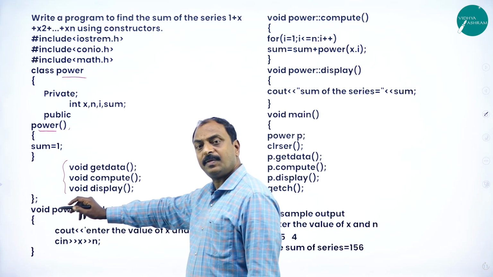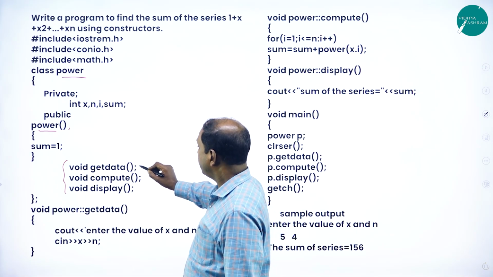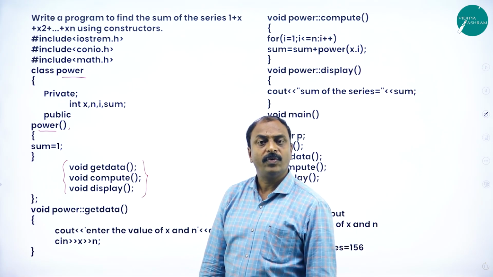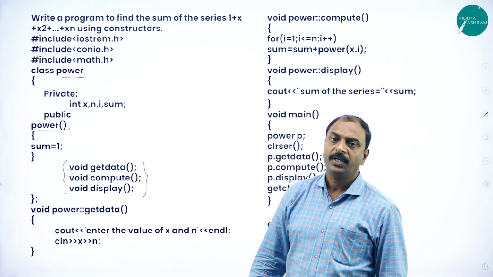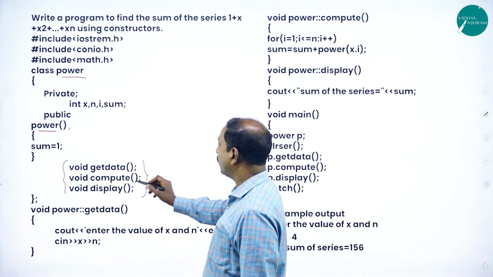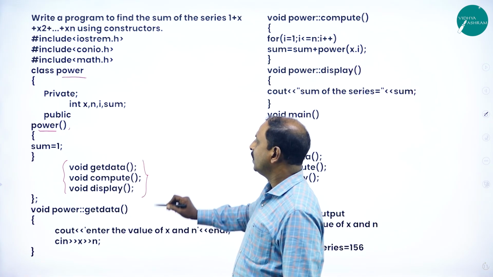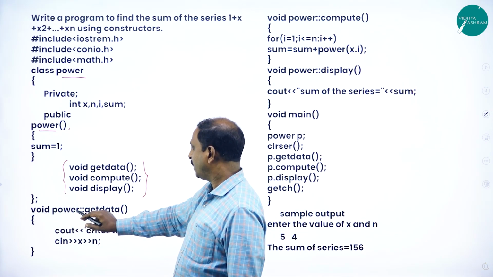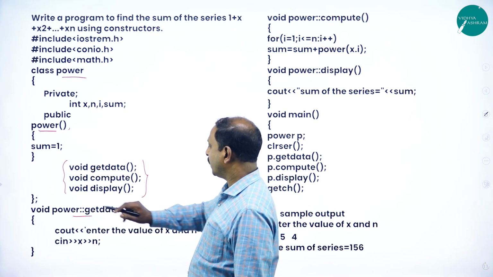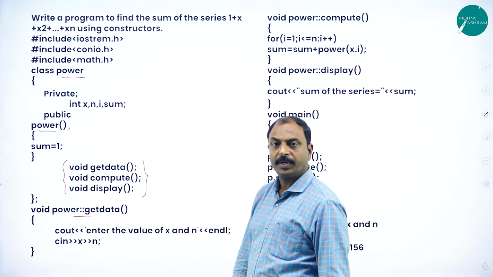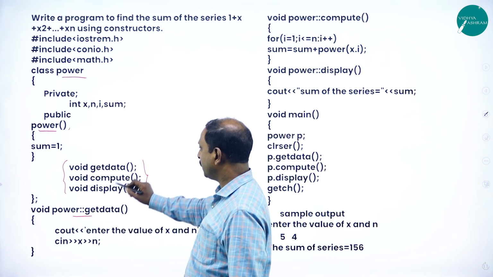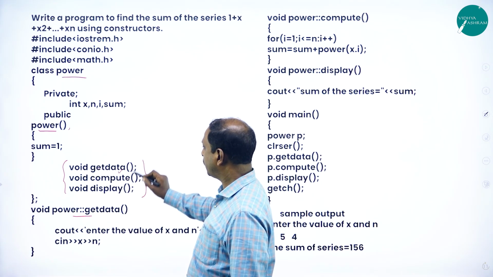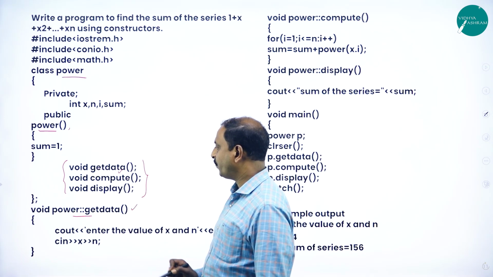After this, the next step is to write the function definitions for all these three functions. So this is outside the class: void power, then the double colon, that is the scope resolution operator, and the name of the function, getdata.